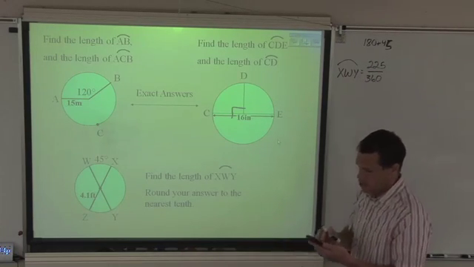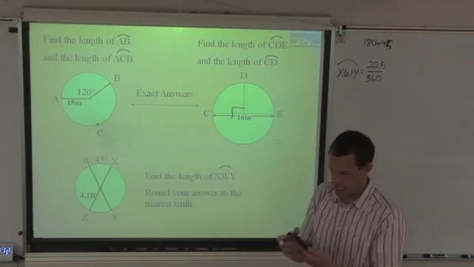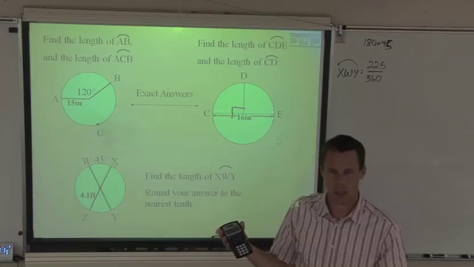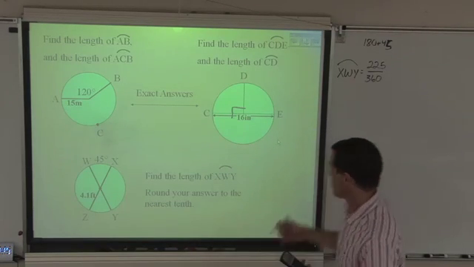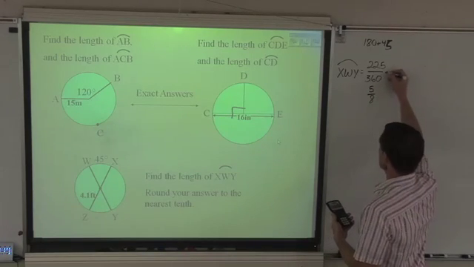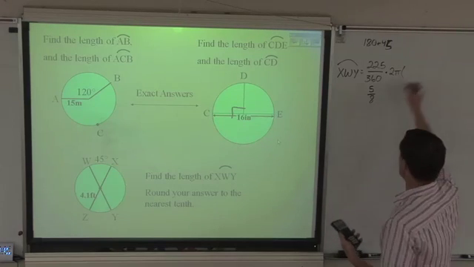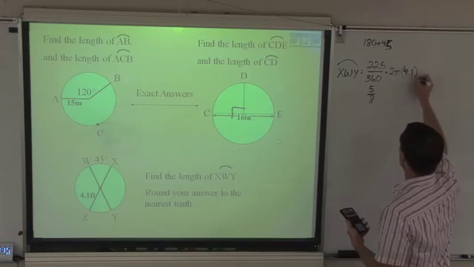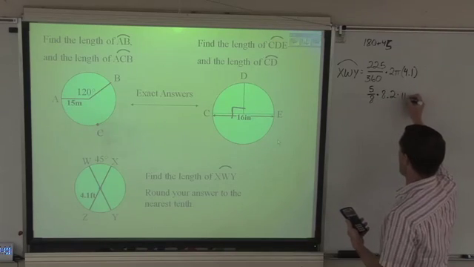Now it would be nice to use our calculators and be able to figure out what fraction that is. Most calculators will reduce it to 0.625, but we should learn to use the fraction button because this is actually 5/8. And then we put 2 pi r, and the radius in this case is 4.1. So I have times 8.2 times pi.